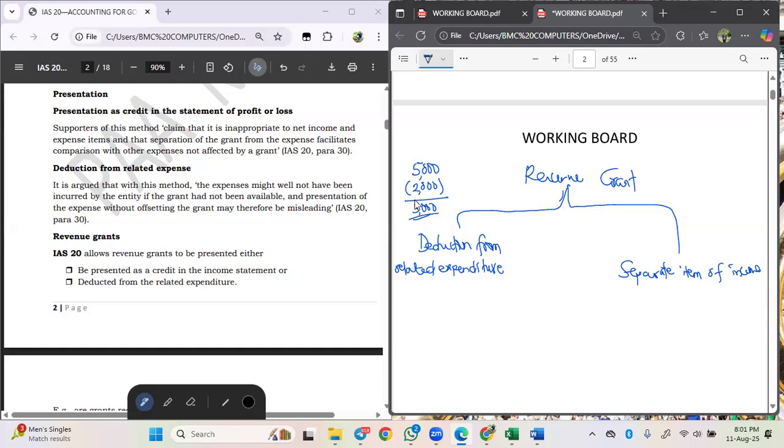Please, when do you recognize revenue and expenditure? Under the accrual, you recognize it as and when you earn or the expense is made. Thank you. So when you incur that particular expense or you earn the income.